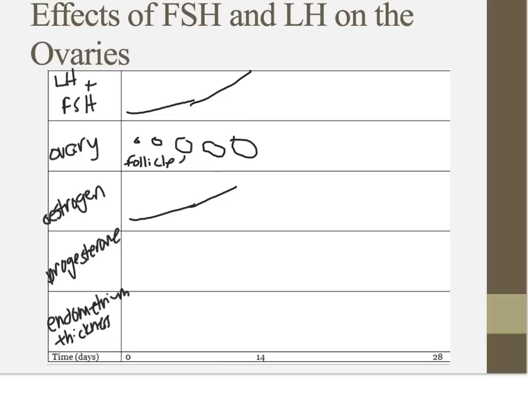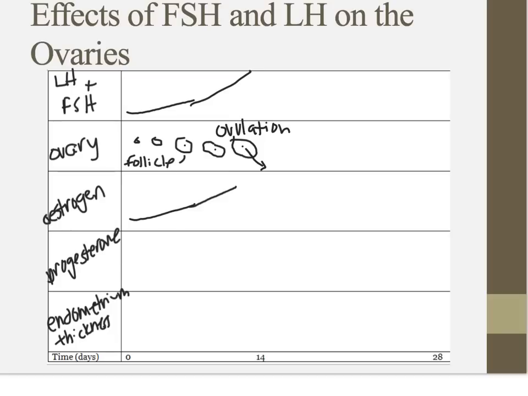Now, when we get this spike in FSH and LH, this is going to cause the ovule, or the egg, which has been developing inside that follicle, to come out. And so here is ovulation. Ovulation happens on day 14.